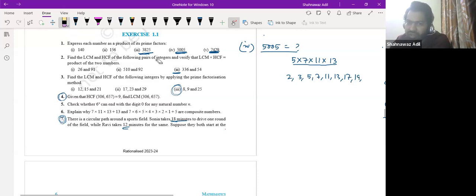Yes, sir, I got the same number. Shaima, did you get the answer? Yes, sir. Good. And this one would be more troublesome to find out, right? So whenever you get these numbers, keep these for a while and then return back. But don't forget to calculate these. So skip these.